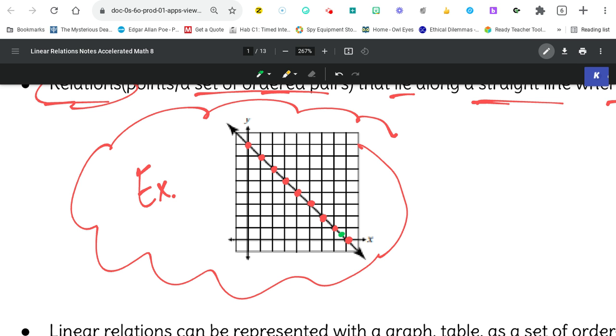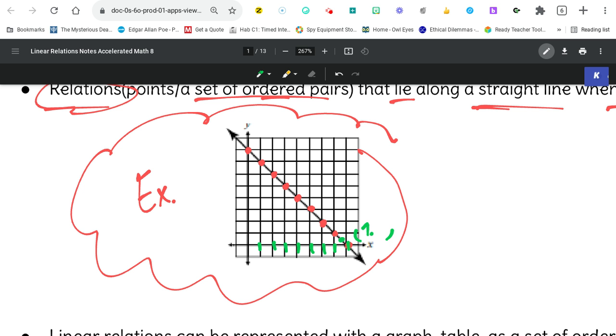So that point's on the line, but that's over 1, 2, 3, 4, 5, 6, 7. It's a point between 7 and 8. Of course, we wouldn't say between 7 and 8, but we put 7 point something. That's probably better. It's 7 point something, guys. And then the y value lines up about right here.